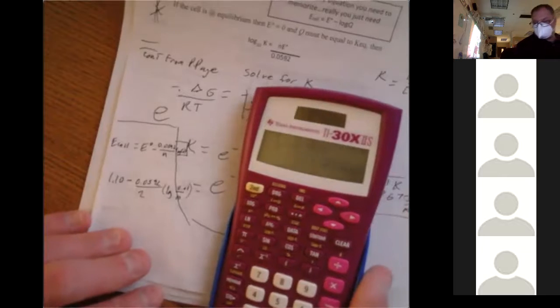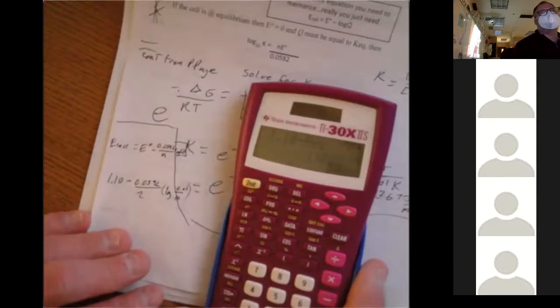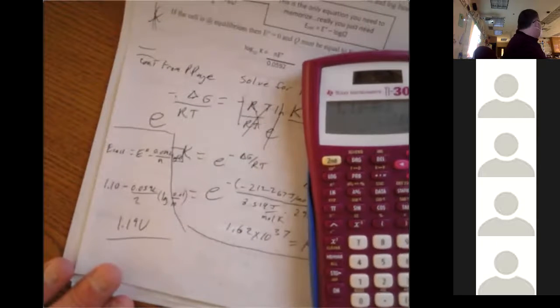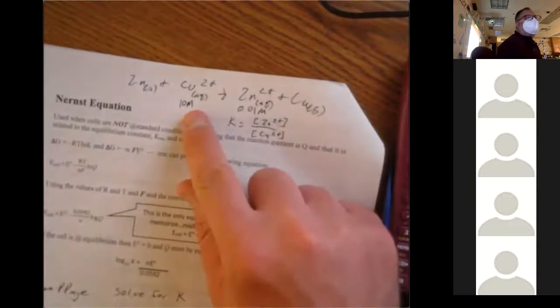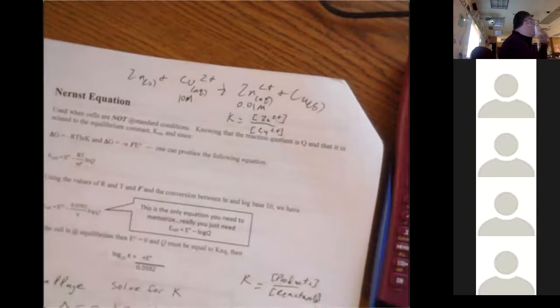And we will get 1.19 volts. 1.19 volts. Does that make sense? Is the battery more energy producing? Yes. Why? Again, we have more reactant than product. It's going to force it forward.